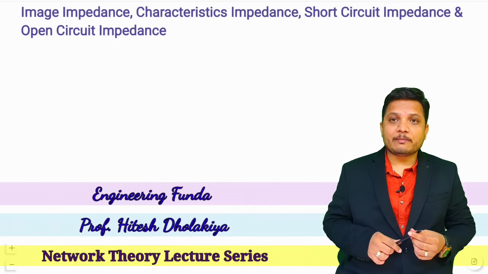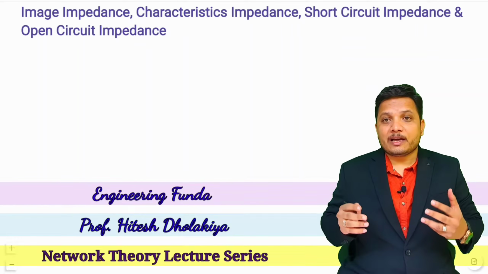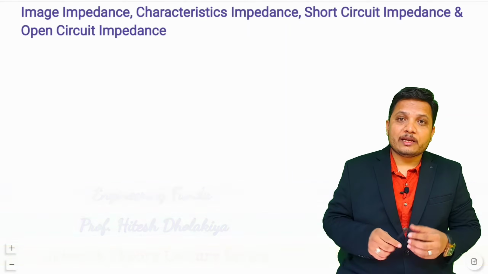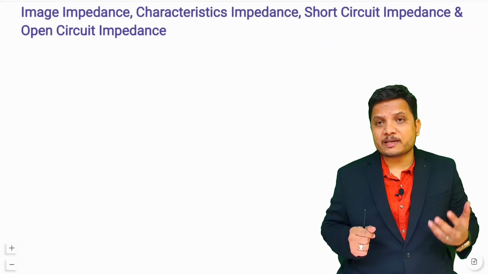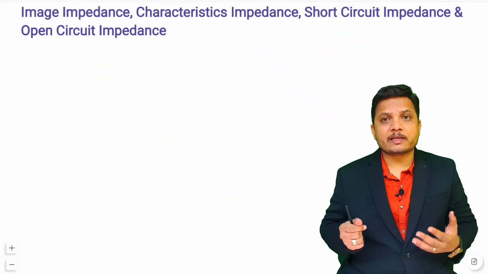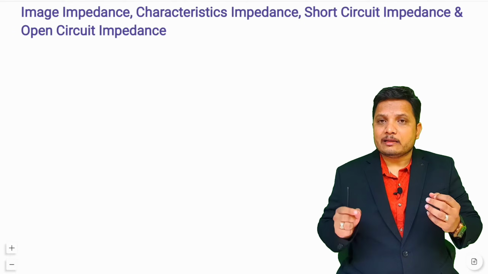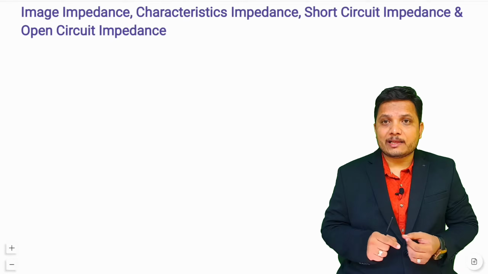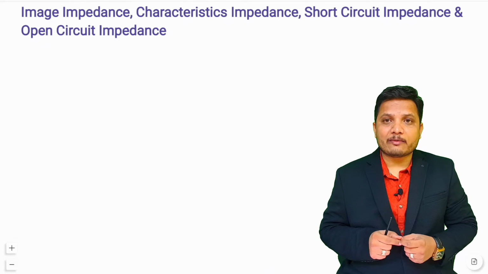This video is a part of the Network Theory lecture series, and in this video I'll explain image impedance, characteristic impedance, open circuit impedance, and short circuit impedance for a two-port network. This concept is very essential when you solve problems based on two-port networks.